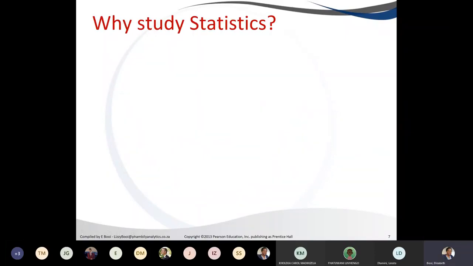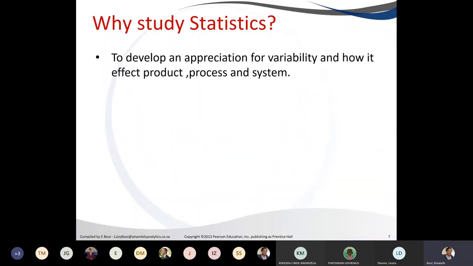Why do we study statistics? So let's say we want to develop an appreciation of variability and how some products are affected by price changes and so forth, or if we want to improve the processes, or we want to invest in more systems or improve the systems that we have, then we can use statistics to help us with that.